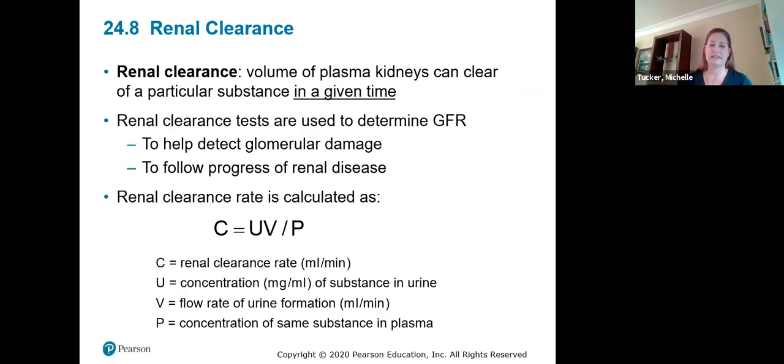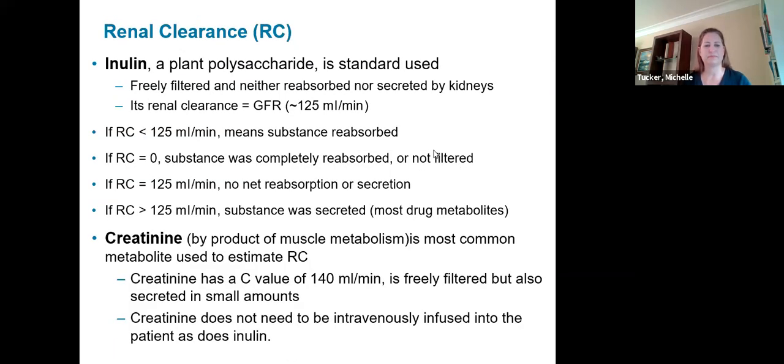For the exam, you are not going to have to calculate renal clearance rate. You do need to understand that renal clearance is an estimator for glomerular filtration rate, and it will follow the progress of renal disease. Okay, so we use it to estimate how well our kidneys are functioning.